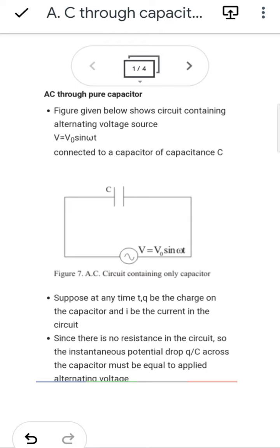Suppose at any instantaneous time t, q is the charge on the capacitor, and I is the current flowing in the circuit.